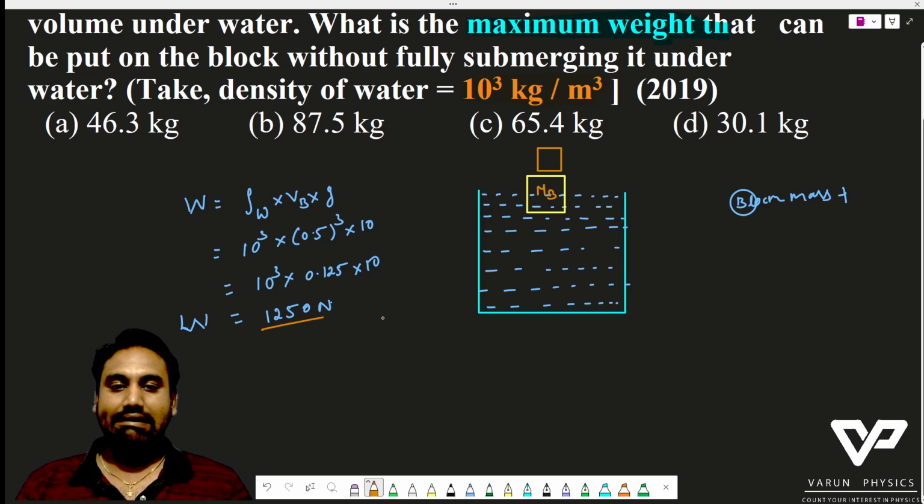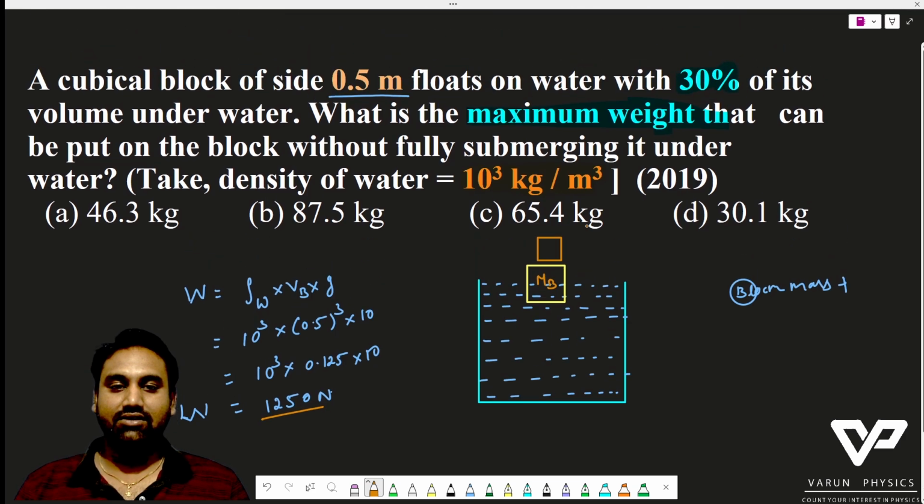To calculate the block's mass, we know that only 30% of it is sinking into the liquid. That is 30 by 100, only 3 by 10th of the block is sinking into it.